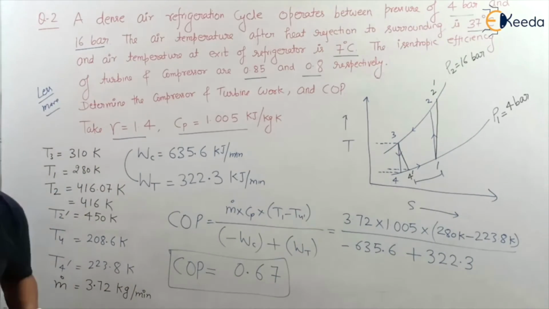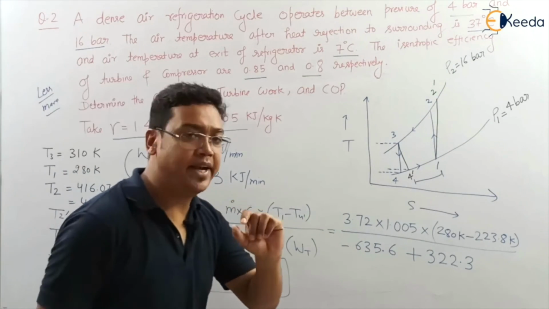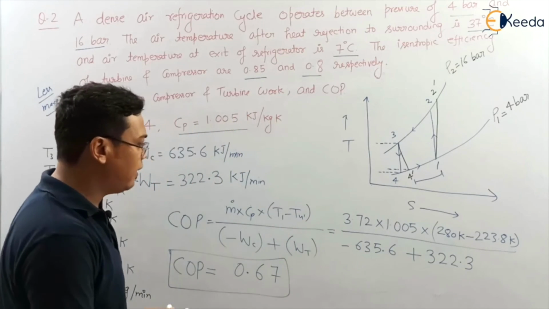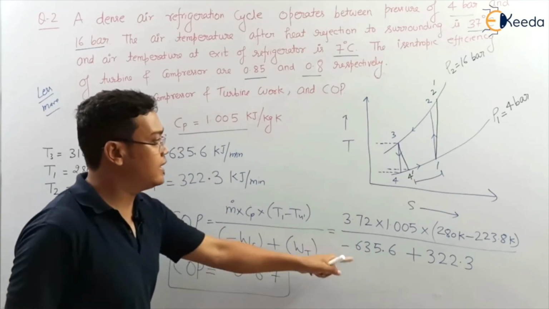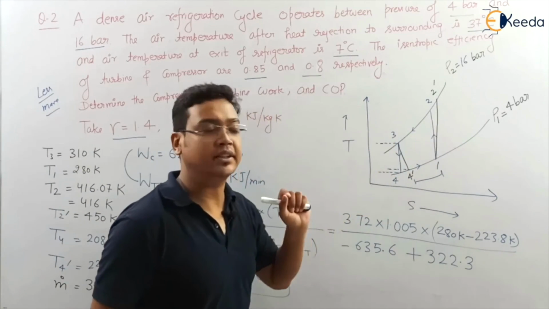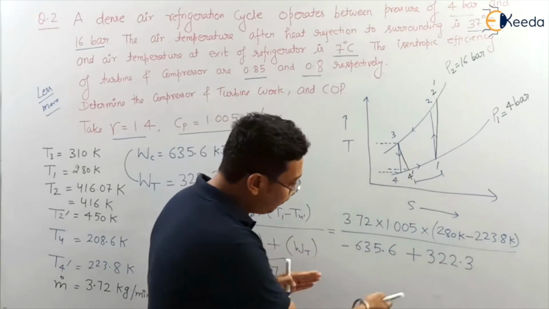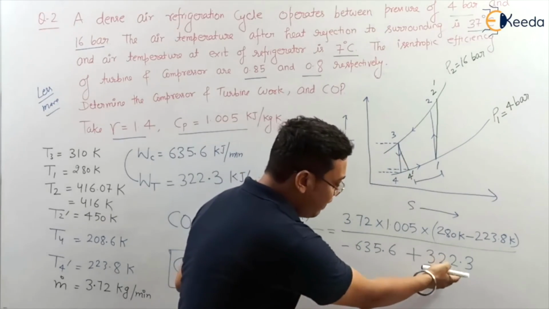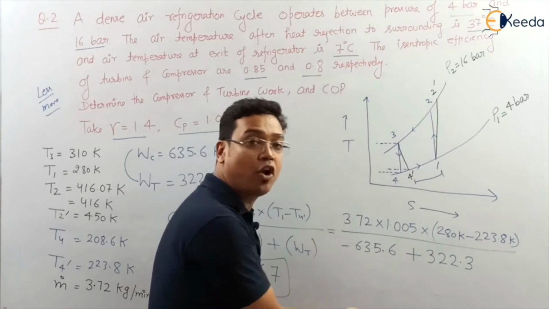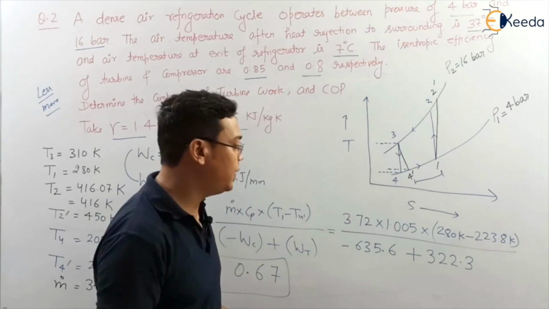Now you have to remember some little points here. I have taken minus for the work input to the compressor and plus for the work output from the turbine. So the net work we calculate by this. I have already told this in the previous video.